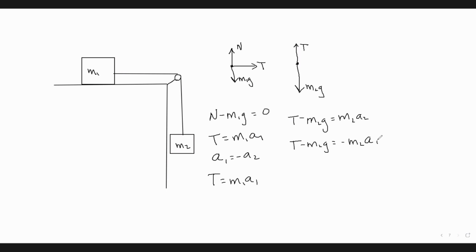Well, now I can solve for the acceleration. T is M1A1, so I have M1A1 minus M2G equals minus M2A1. So A1 is equal to M2G divided by M1 plus M2.